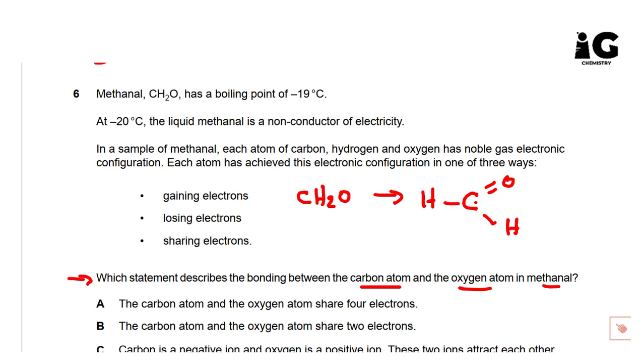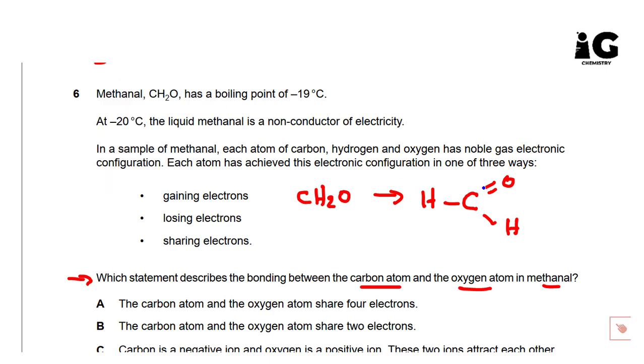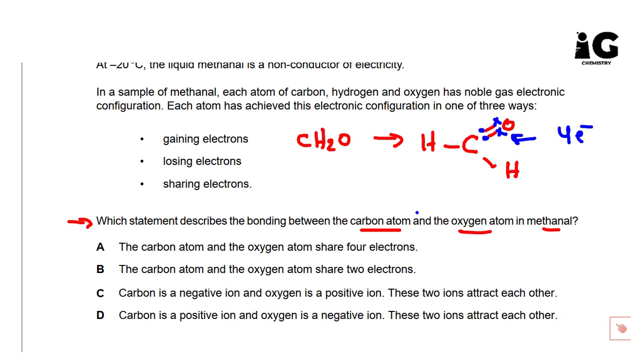If we check the bond between C and O, here we actually have a double bond. It means carbon shares 2 electrons with oxygen, 1, 2, and oxygen also shares 2 electrons with carbon. So the total number of electrons in the double bond between oxygen and carbon is 4 electrons.